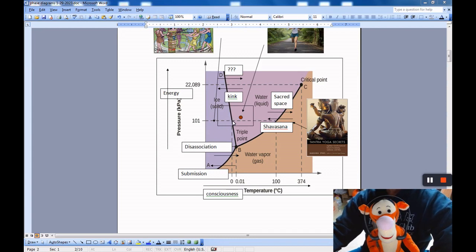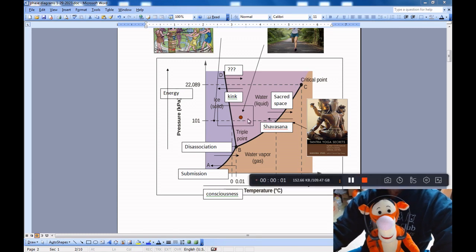So in our diagram, we've said, whether it's right or not, that this axis is consciousness. So somehow we're going to add a whole bunch of consciousness at this phase boundary to go from Wonder Woman to Runner Girl. We need to add a whole bunch of consciousness.